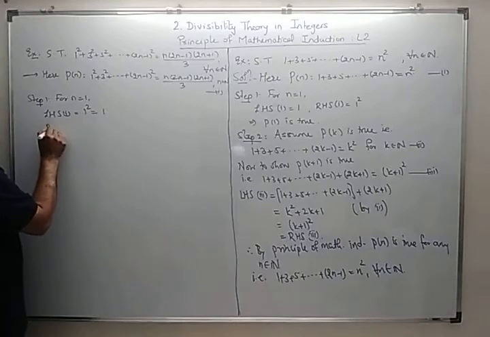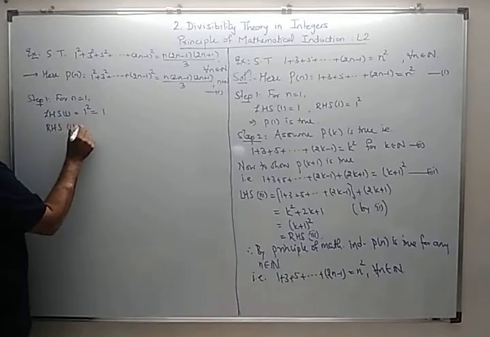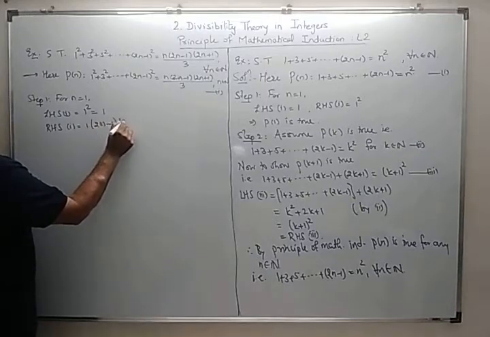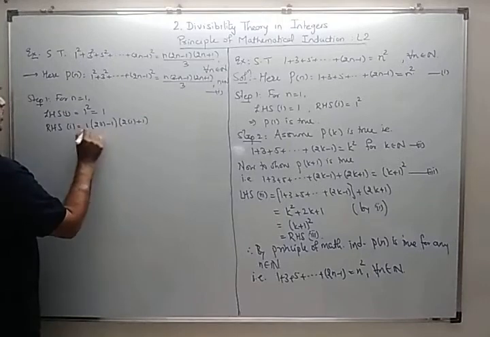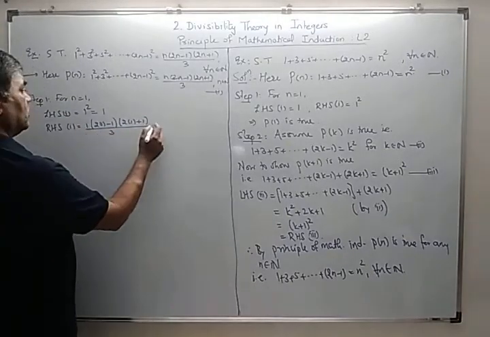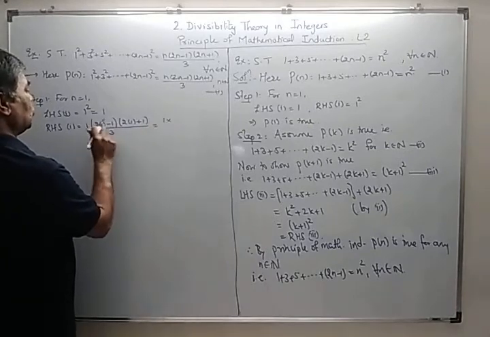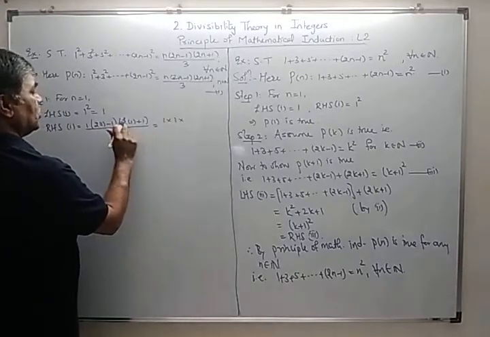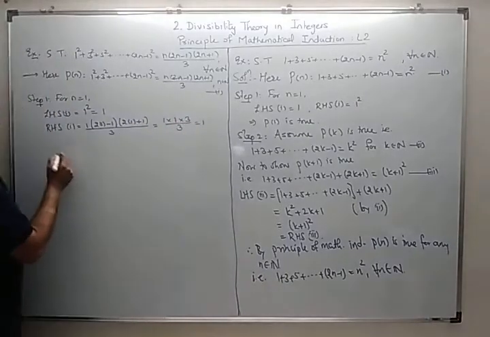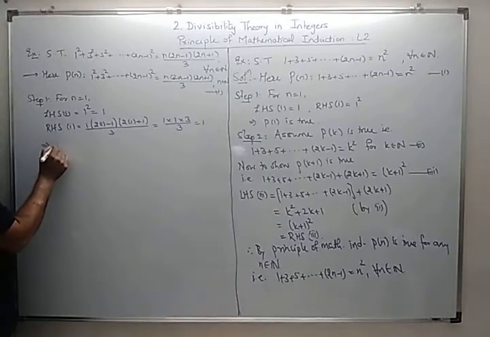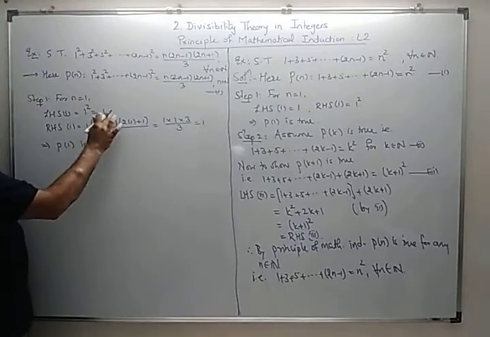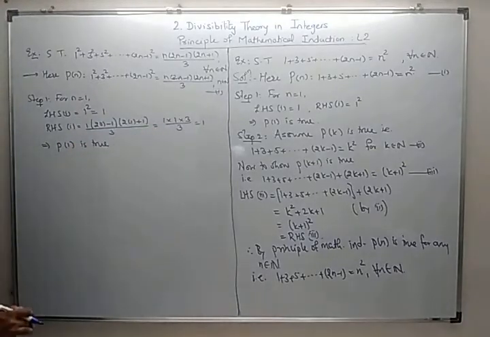Right hand side of 1 is 1 into (2 into 1 minus 1) into (2 into 1 plus 1) upon 3, which is 1 into 1 into 3 upon 3, which is 1. This implies P(1) is true. So left hand side is equal to right hand side, which is 1.